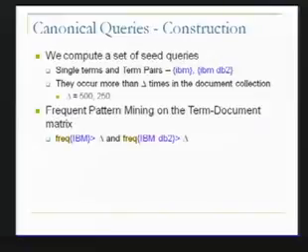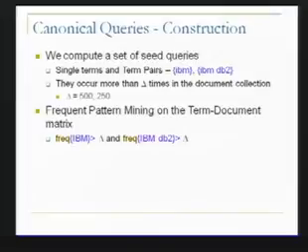So what we are saying is that these single terms and pairs of terms occur more than 500 times in the document collection. That means they are significant terms in the collection itself, because they occur more frequently. To find the frequent terms, we can use tools such as frequent pattern mining, which are very efficient on the term document matrix.